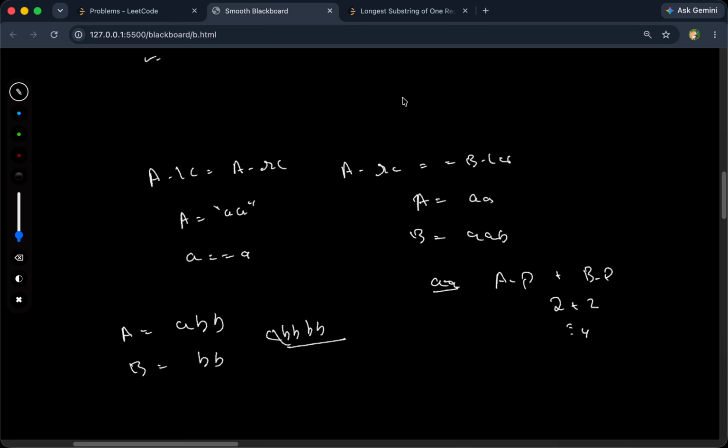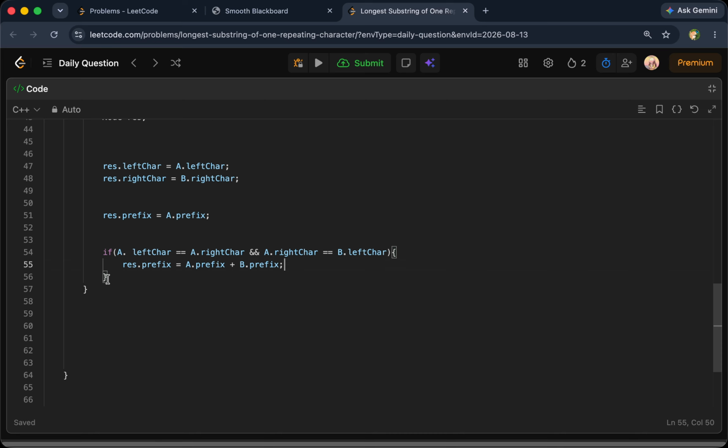So we check if b.left character is equal to b.right character and a.right character is equal to b.left character.